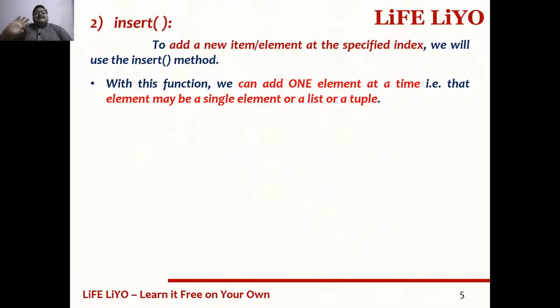But that element might be a single value or a list or a tuple. In append we used a normal element; here we can use an element or a list or a tuple. Now you may get a doubt: why can't we append a list or a tuple?